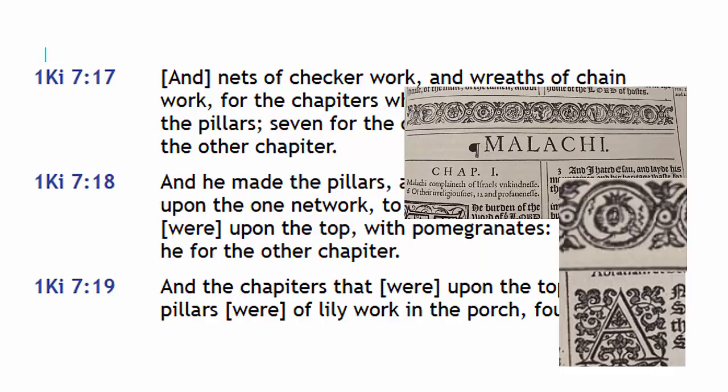And in the 19th verse, we get a description of lilywork. You get lilywork all over the 1611 Holy Bible, and here is a nice example from a capital V, and some people may not recognize this as lilywork, but it truly is, and it emanates from the graphical representation of the fleur de lys, which is a symbol of France.